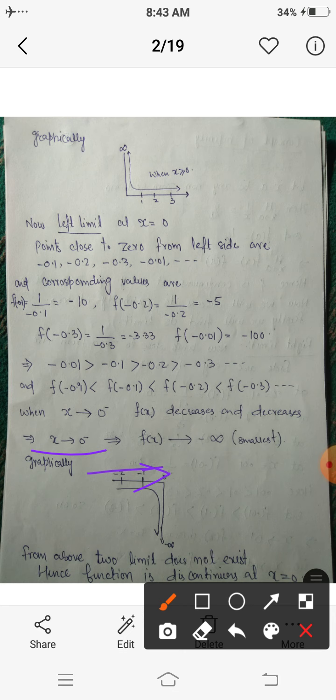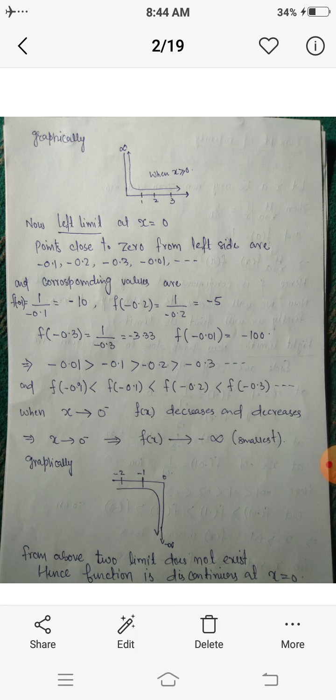So the smallest possible value is minus infinity, the lower bound of the negative numbers. So we can say that when x tends to 0 negative, the value of f(x) approaches minus infinity.